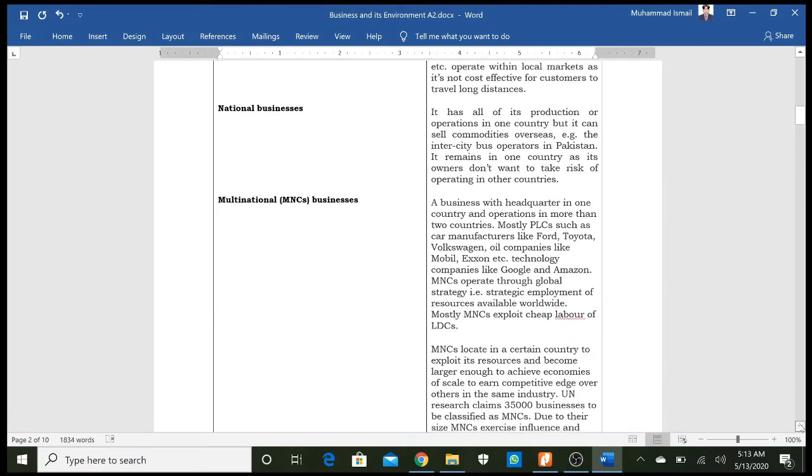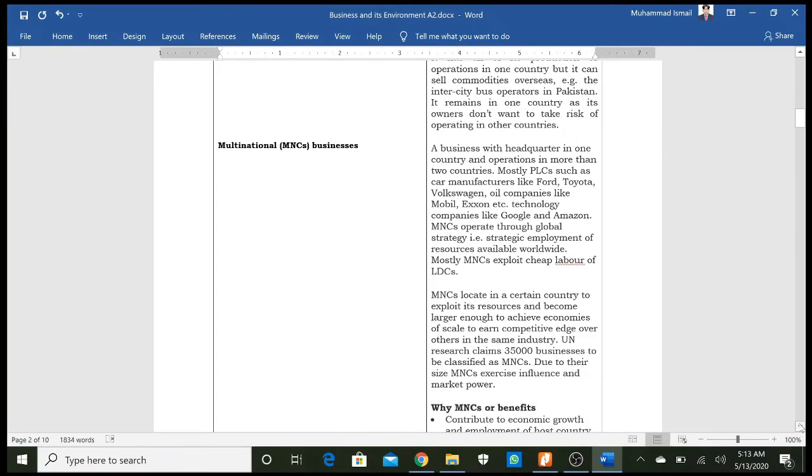Multinational businesses. You will be quite familiar with this. Multinational means those companies which commercially operate in, in some books it is more than one country, but in some books it is more than two countries as well. So those businesses which have their headquarters in one country but commercially operate in more than two countries.